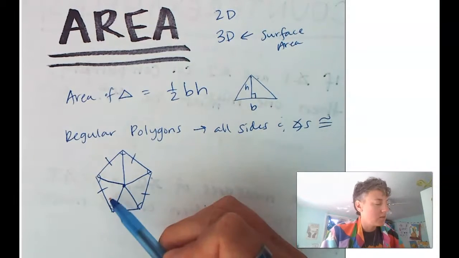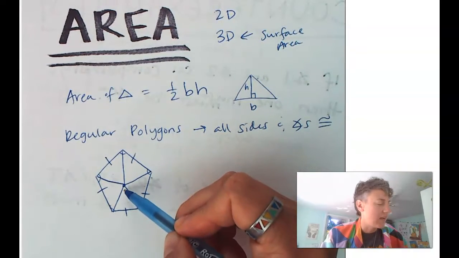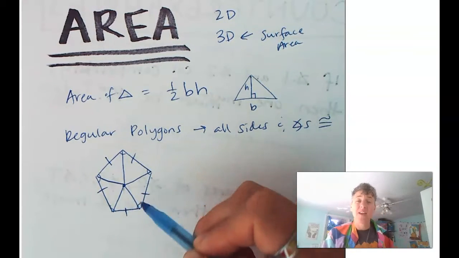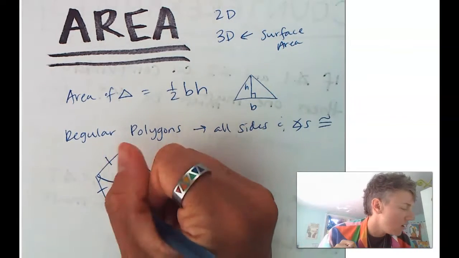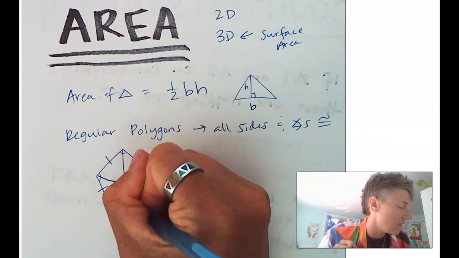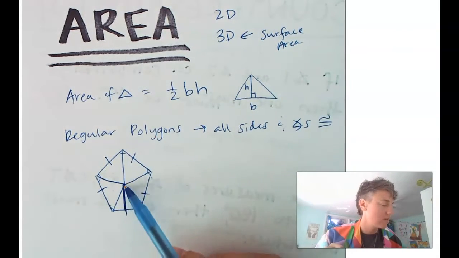So we've got 1, 2, 3, 4, 5 triangles. We could find the area of one triangle and multiply it by 5, and we'd have the area of this regular pentagon. So let's say, for example, we're just going to look at this guy down here.